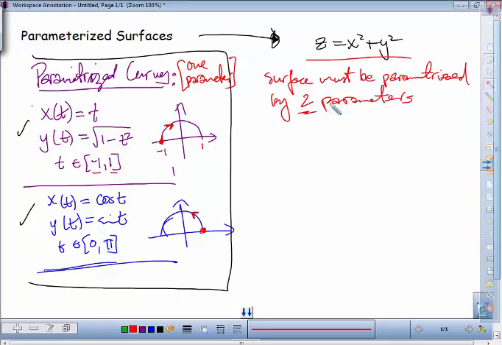So now let's introduce ourselves to being able to parameterize by two variables. And I think the two programs that I have in mind is using U's and V's. So let's take a look at a way to parameterize this paraboloid.